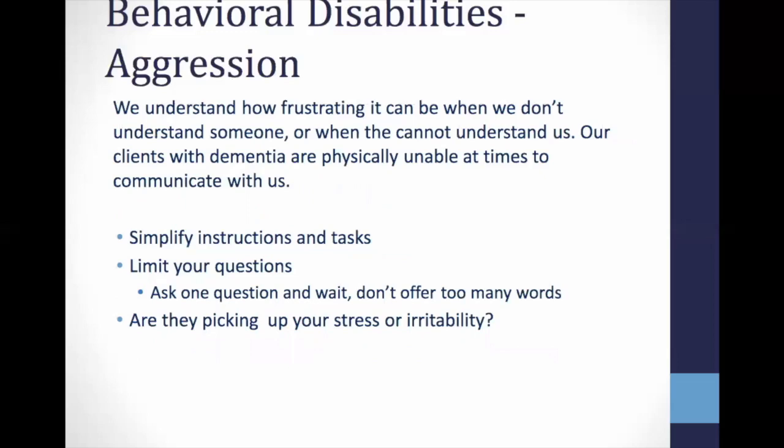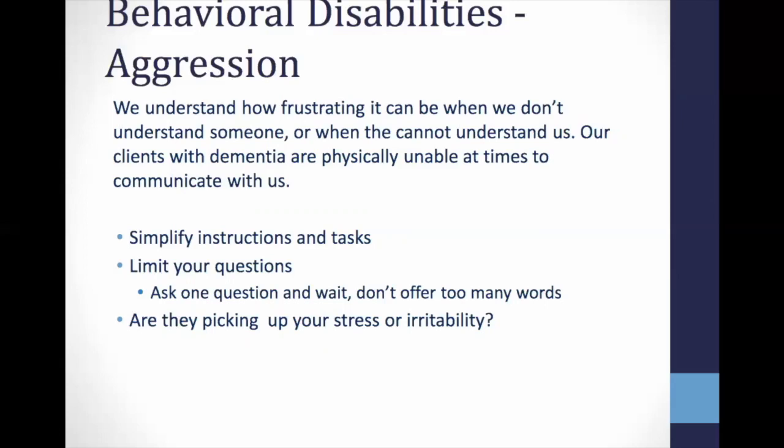I mean, we know how frustrating it can be when we don't get understanding from people, right? And when people can't understand us. Our clients with dementia are physically unable at times to communicate with us, right? That would put me over the edge. So what we can do is simplify instructions and tasks. We can limit our questions to one at a time, wait for them to answer you, and don't offer so many words.